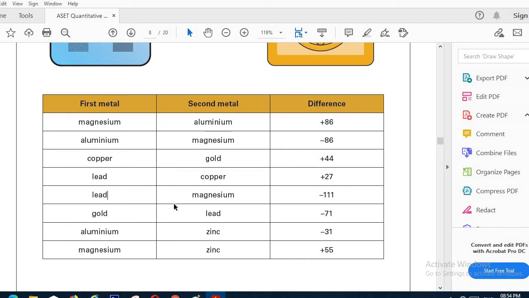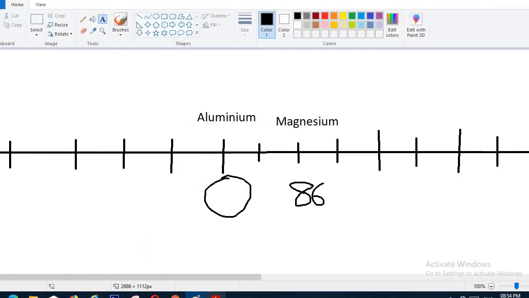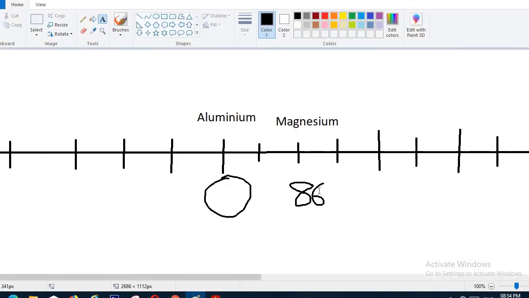We already know magnesium is 86, and lead minus magnesium should give minus 111.